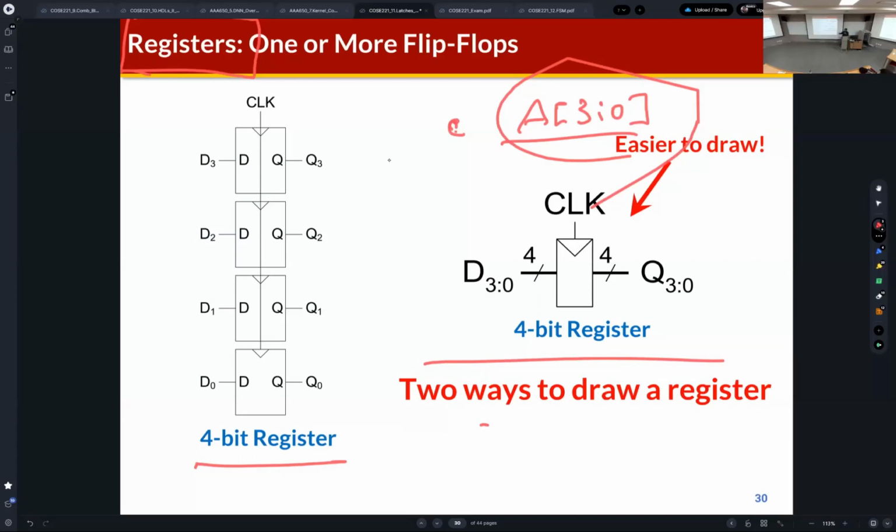We frequently use the terminology register in system design, and this is the symbol of the register.